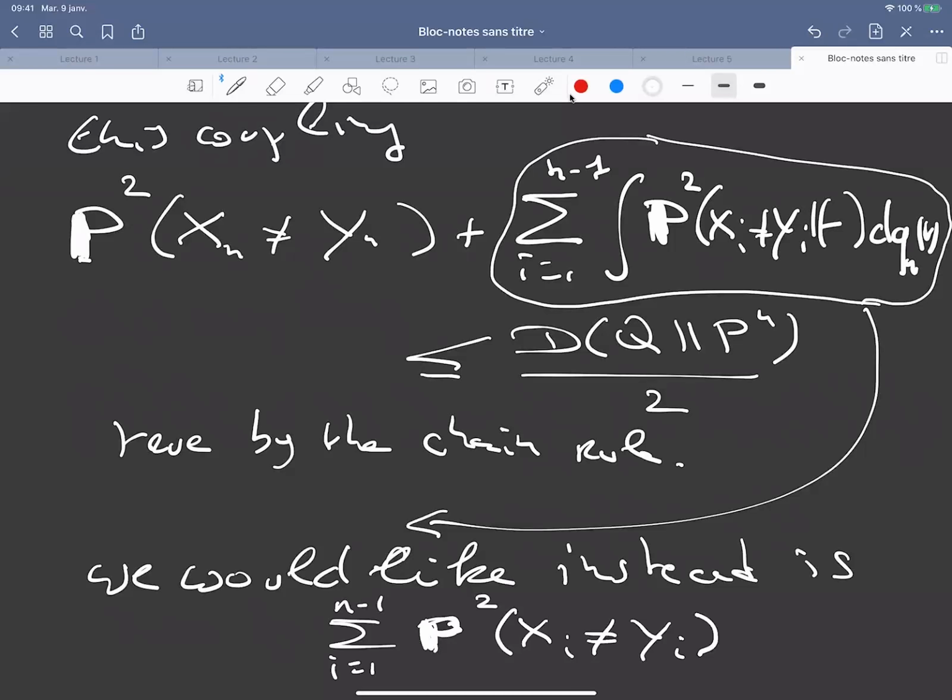So if the square was not there, I would reconstruct the probability that xi is different from yi. So the end of the proof is very easy. You just have to commute the square and the integral. And this has a name. This is Jensen's inequality.